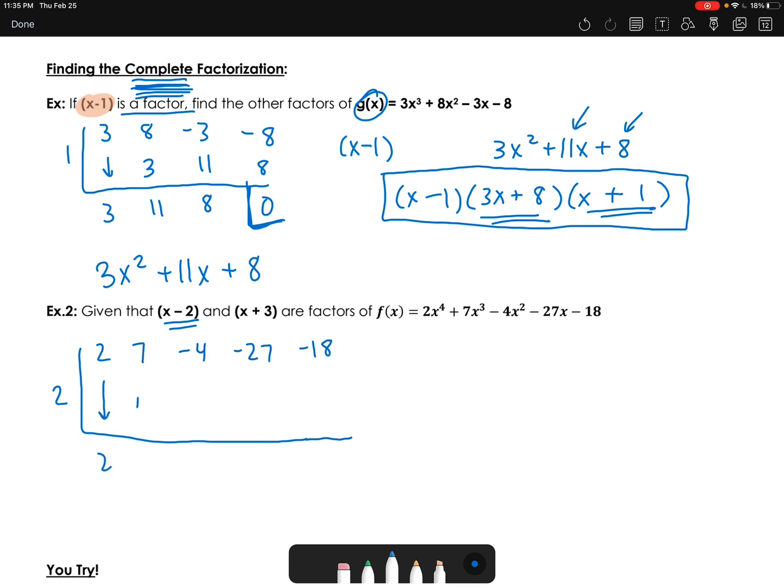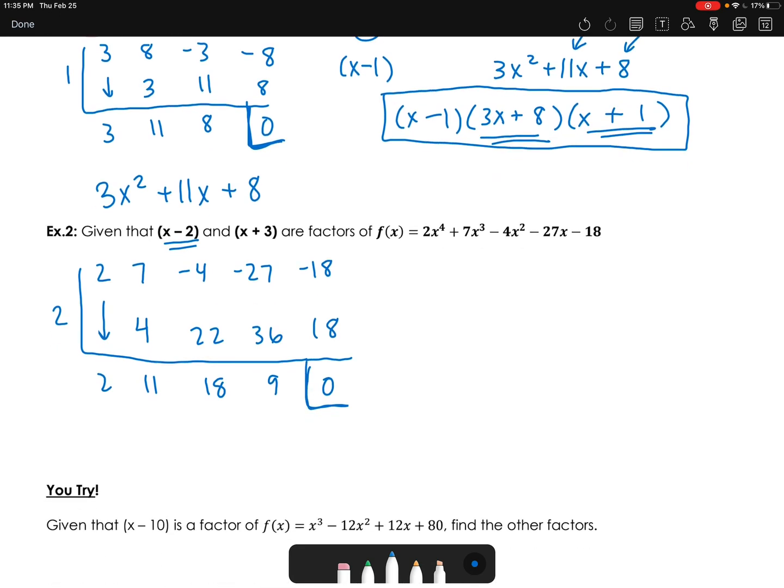So I have 2, 4, 11, 22, oh gosh, -18, no, not negative, just 18, 36, 9, 18, and 0. So we end up with 0 at the end.